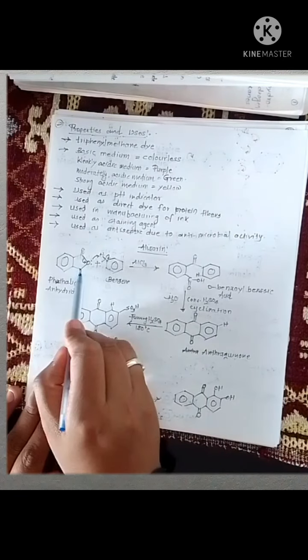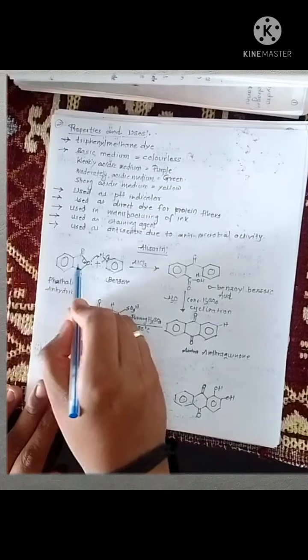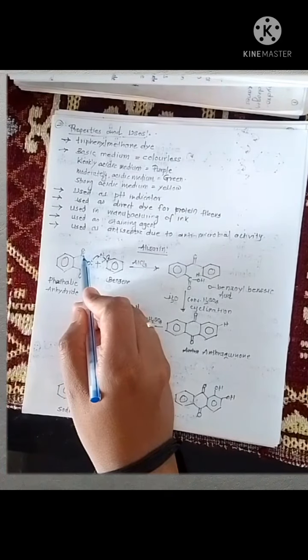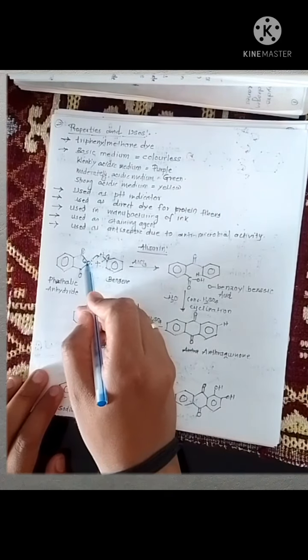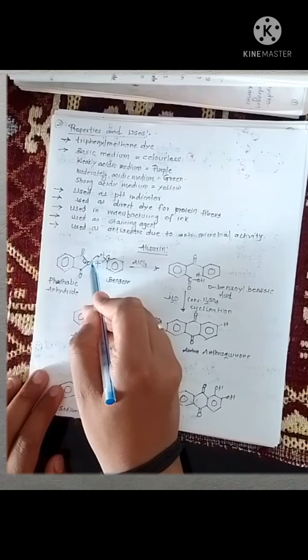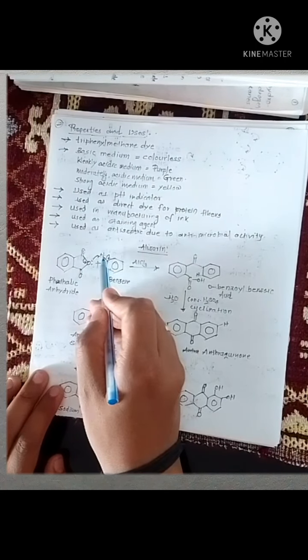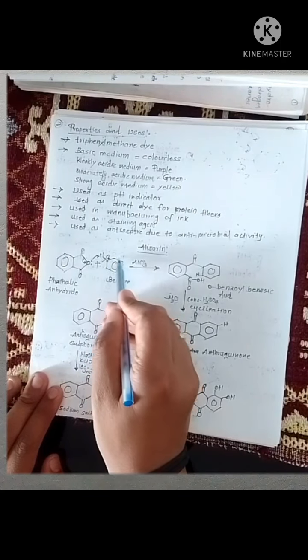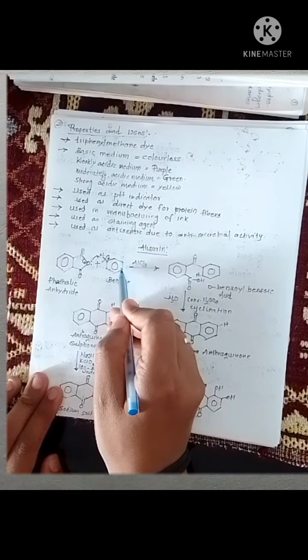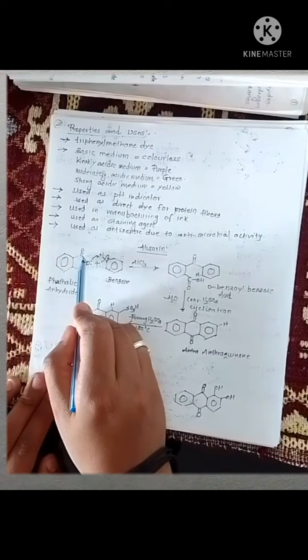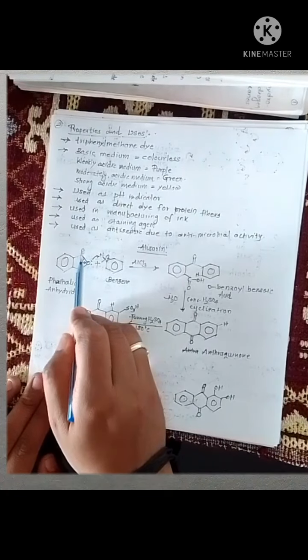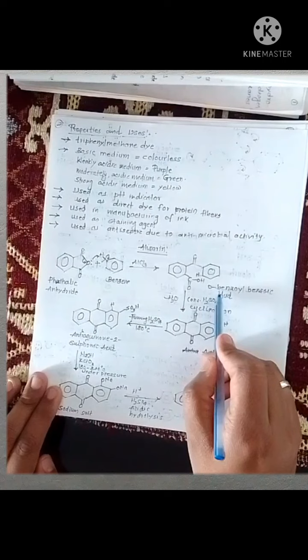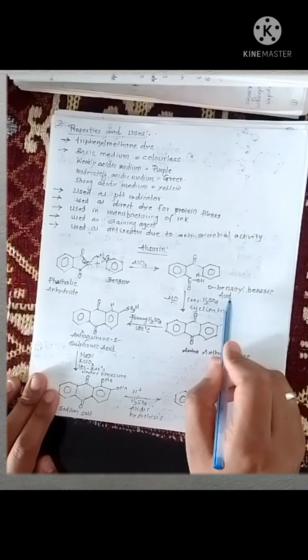So just see in this reaction, the bond between this carbon and this oxygen basically breaks away. This oxygen takes hydrogen from your benzene and this part is then attached on this carbon. So basically we are going to form ortho-benzoyl benzoic acid.